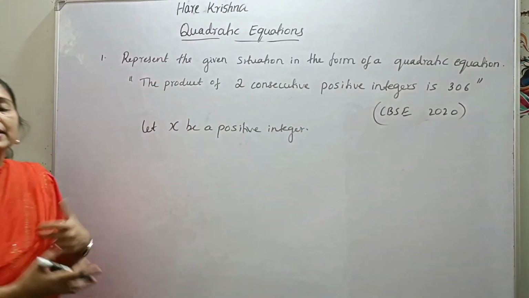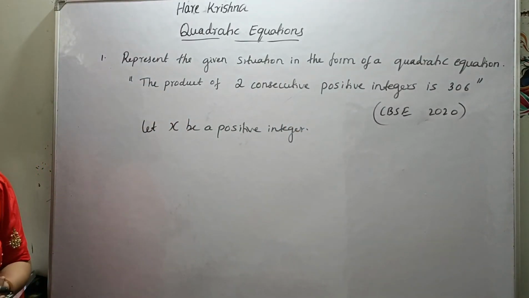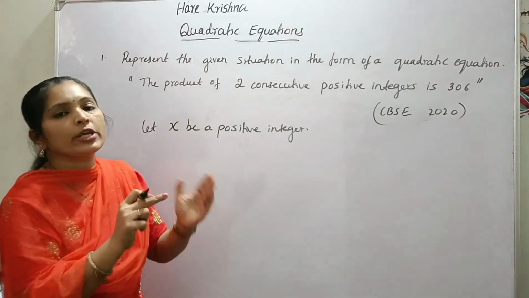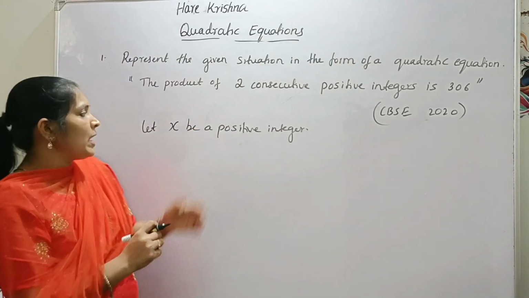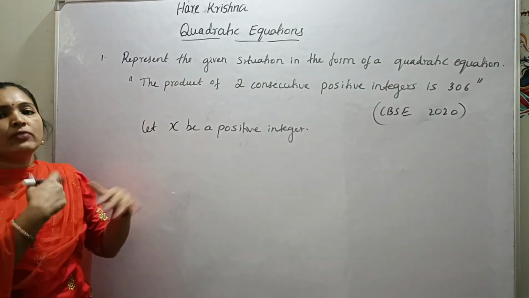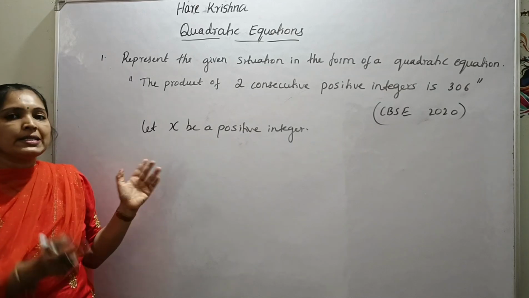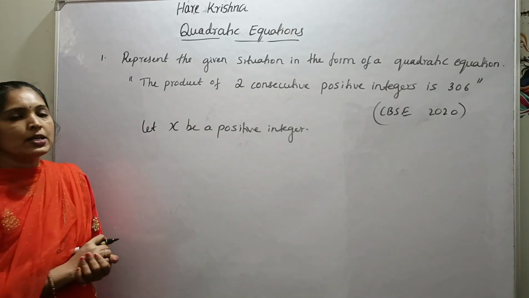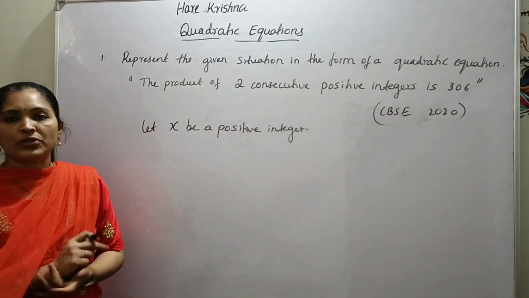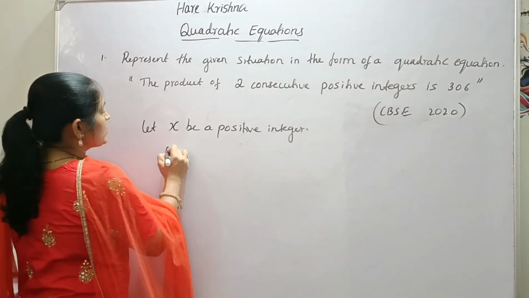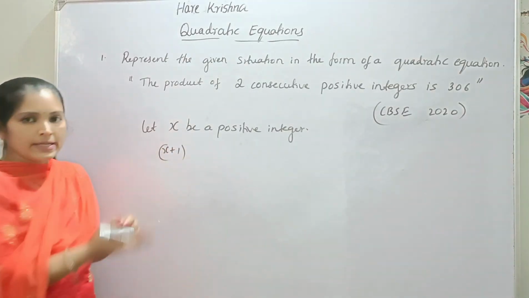Then what is the next positive integer? Here it is given two consecutive positive integers. If x is the first integer, then what will be the next integer? That is x plus 1. Right. And it is mentioned it is a positive integer. So x plus 1 is the next integer.